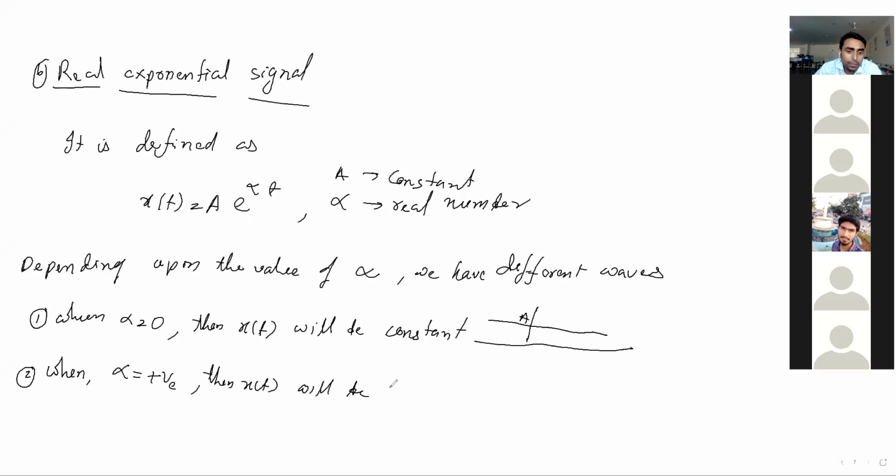So xt will be a growing exponential signal. So the graphical representation is this. All the graphical representations should be in your mind, visually also. The concept should be clear. So the mathematical function is also important, and the graphical representation is also important. You should remember those things. So this will be increasing.